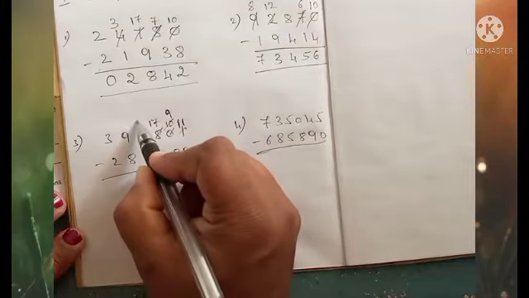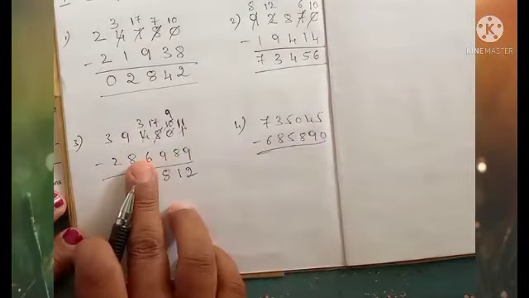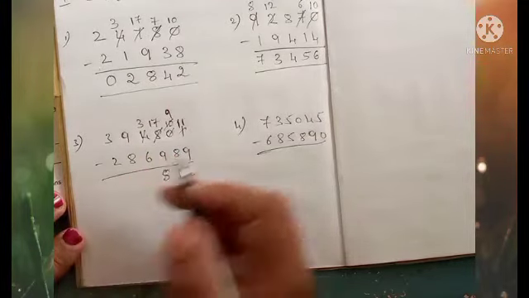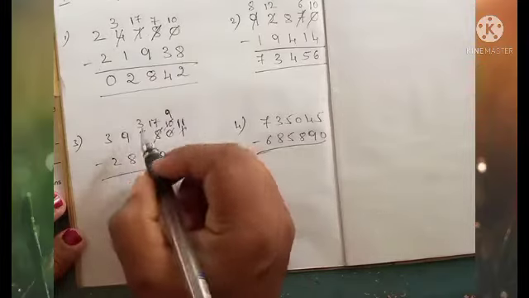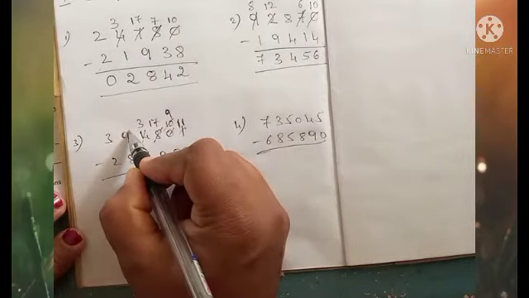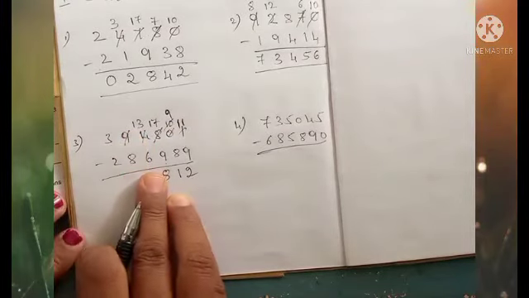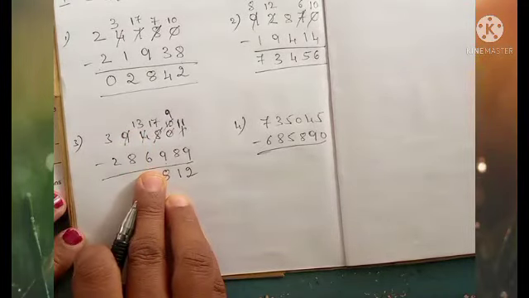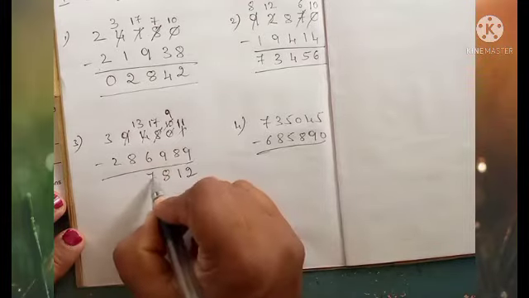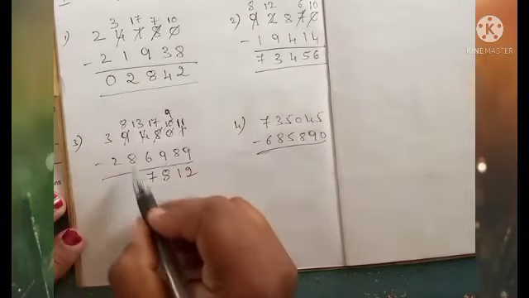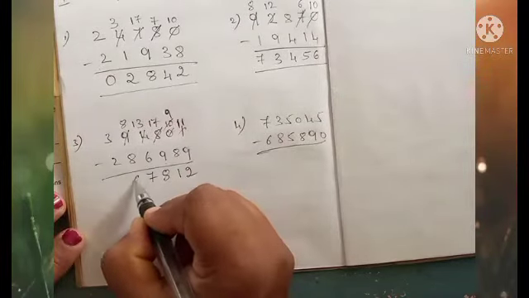Now how much remains here? 3 remaining. In 3 can you minus 6? No. So what should you do? Yes, you should borrow 1 from here. So this will become 13. 13 minus 6, how much, dear children? 7. Here how much remains? 8. 8 minus 8? 0.